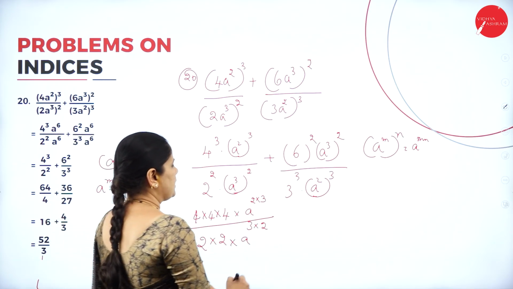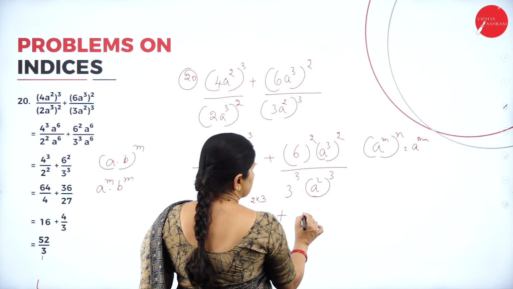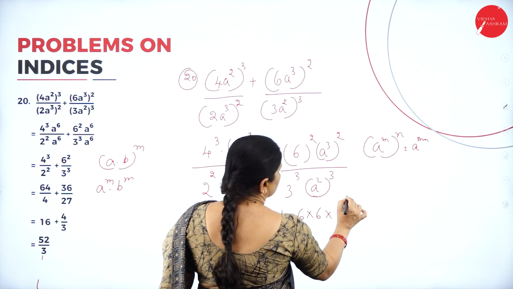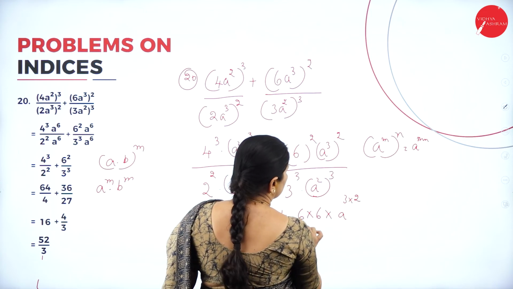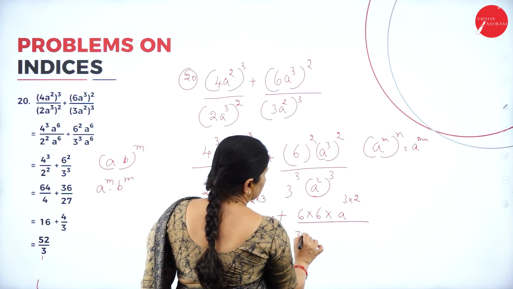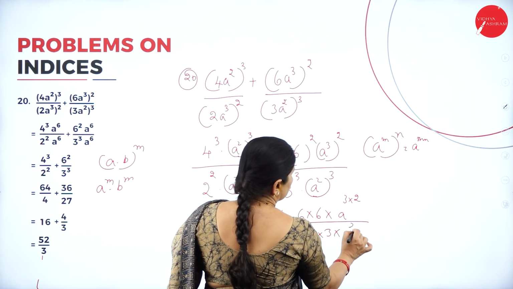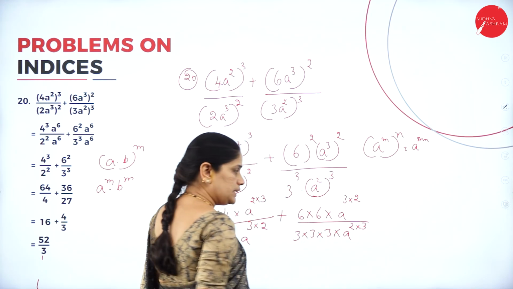Now, next step will be plus 6 square, that is 6 into 6, then a to the power of 3 into 2 divided by 3 into 3 into 3 into a to the power of 2 into 3.